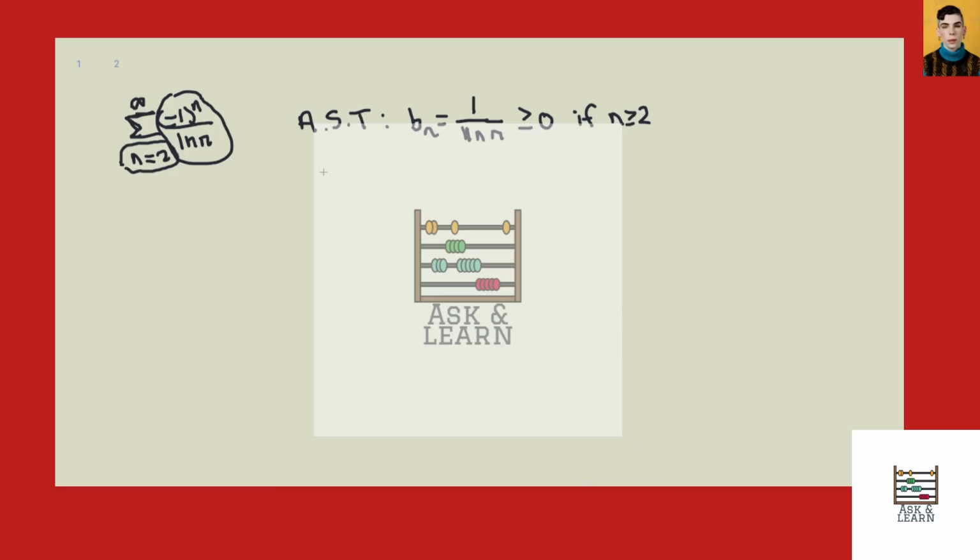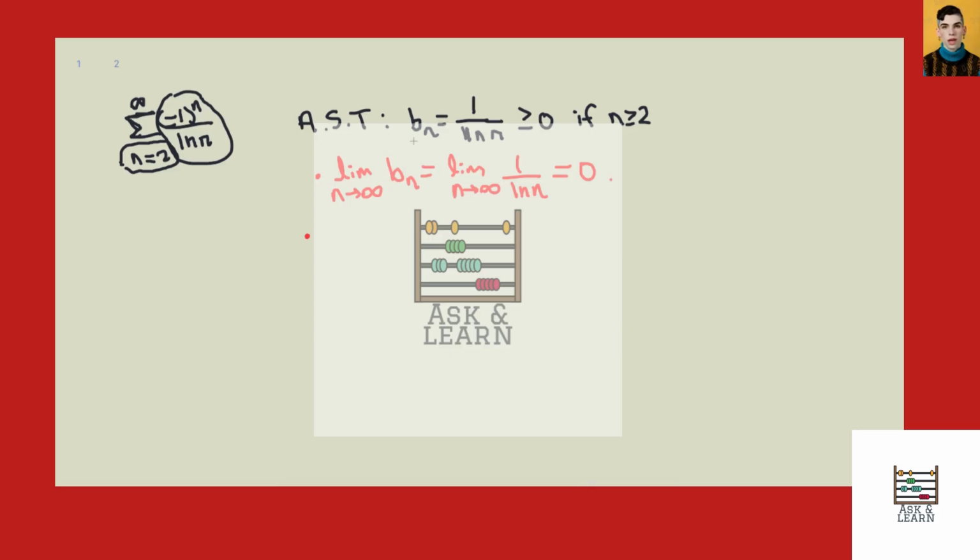So we have to check a few conditions here. We need that the Bn's are decreasing. We'll check that later. Let's first just check that the limit is 0. And the denominator goes to infinity, so that limit is 0.